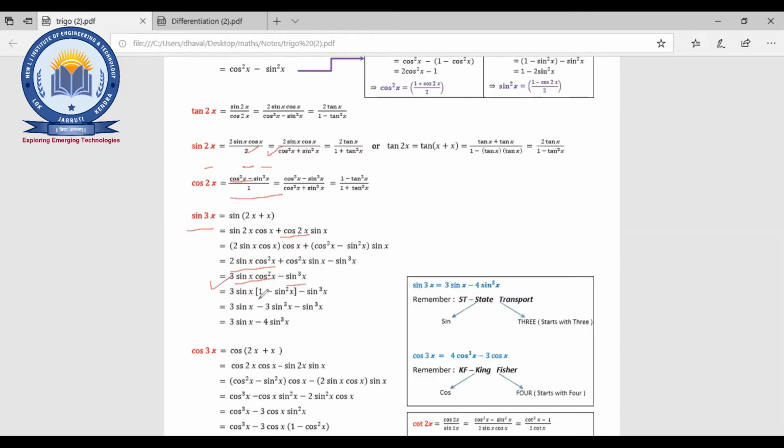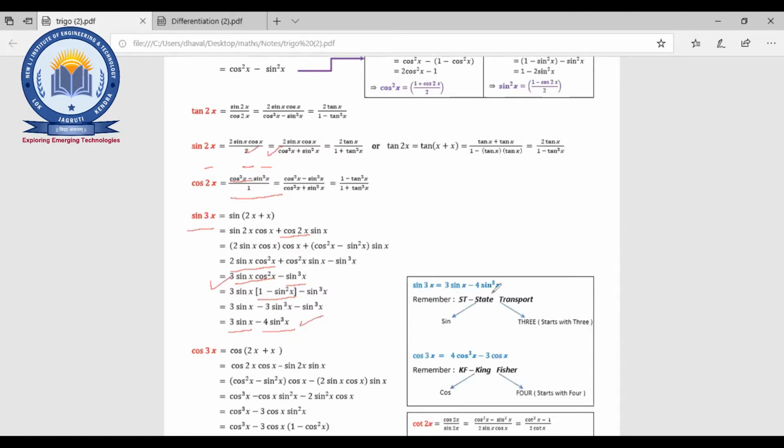So instead of cos square x, you can put 1 minus sine square x. Again, just a simplification: expand the bracket and you'll get this form. Sine 3x equal to 3 sine x minus 4 sine cube x. So this is just a simple thing you'll get.